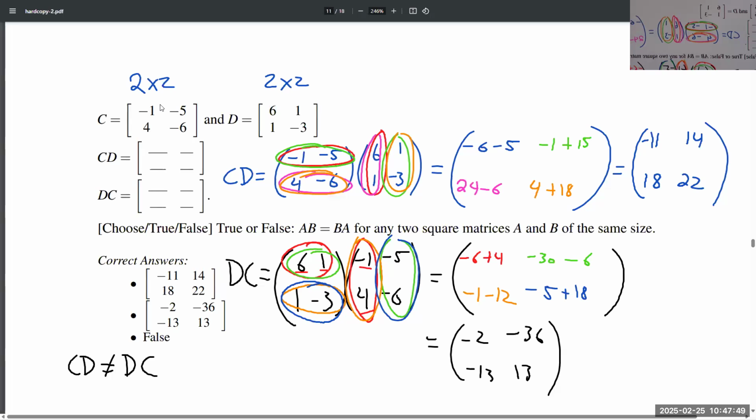There are some matrices where order doesn't matter, where you can multiply them either way, but in general, it does matter. Any questions about that?